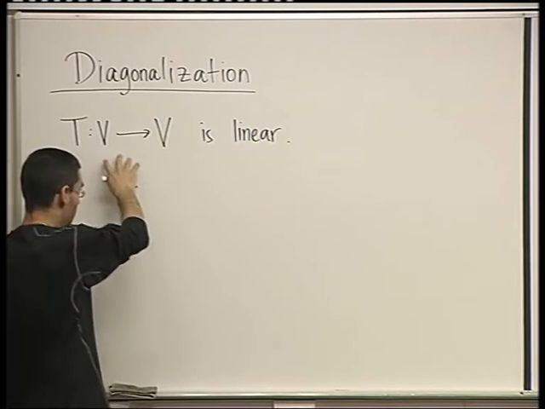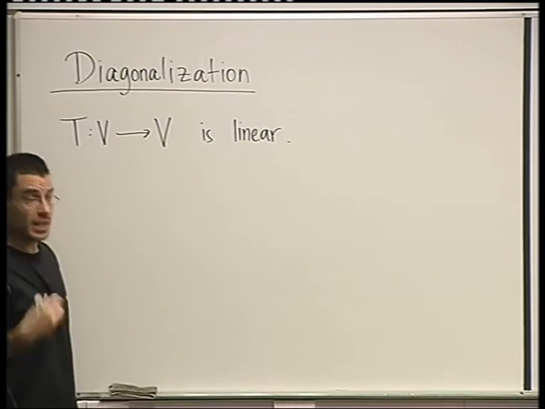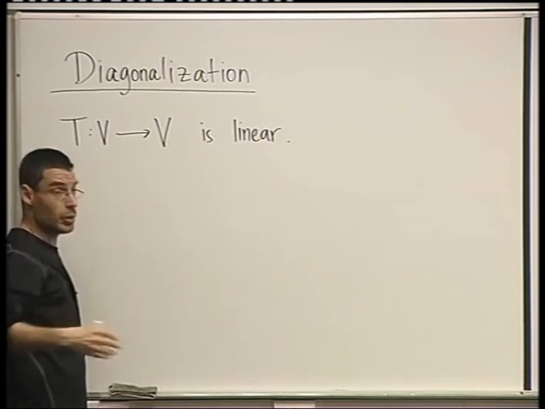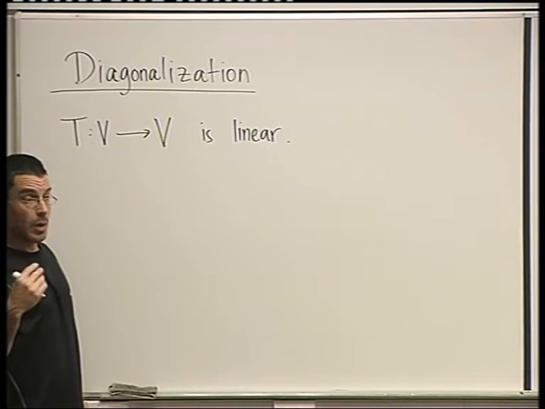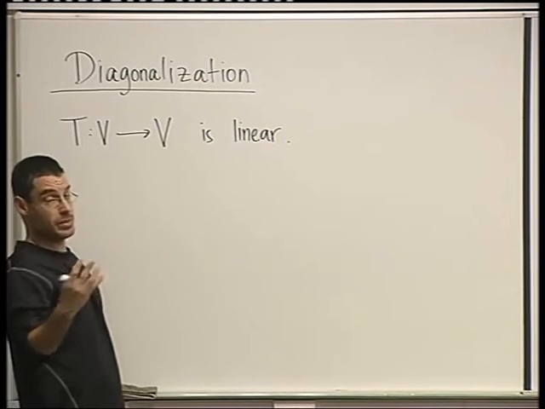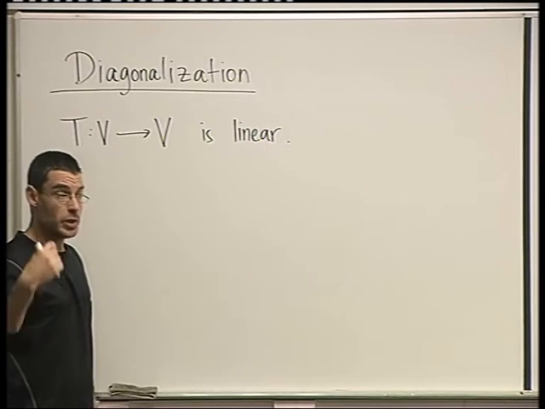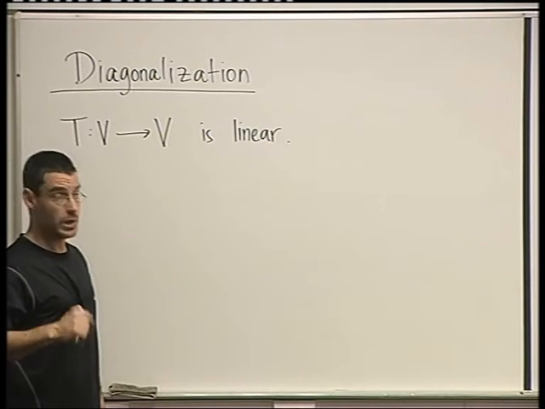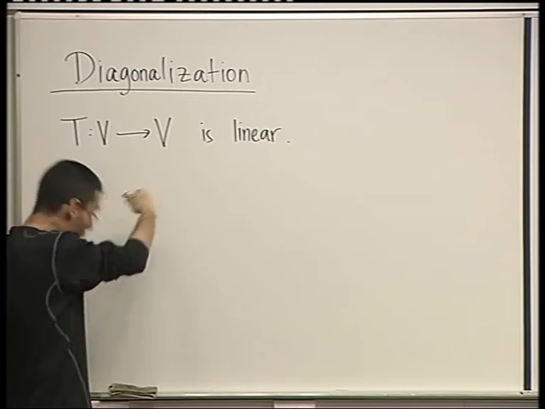If we want to find a matrix representation of T, we know that there are many. How do we get these matrix representations? We choose a basis. Once we choose a basis, we know the procedure.